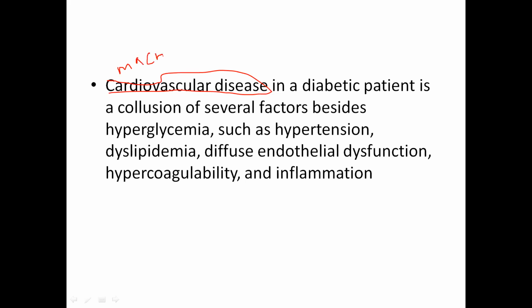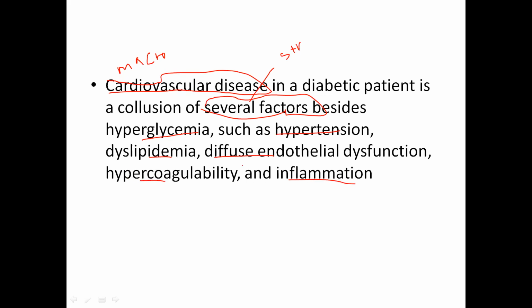So one of the macrovascular complications of diabetes mellitus is a collision of several factors, not only the strict glycemic control or a failure of this strict glycemic control. So it is a collision of several factors beside hyperglycemia, such as hypertension, dyslipidemia, diffuse endothelial dysfunction, hypercoagulability, and inflammation.